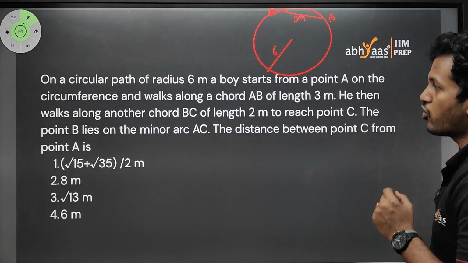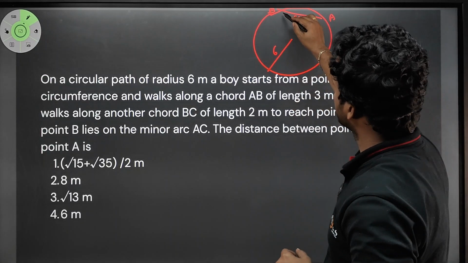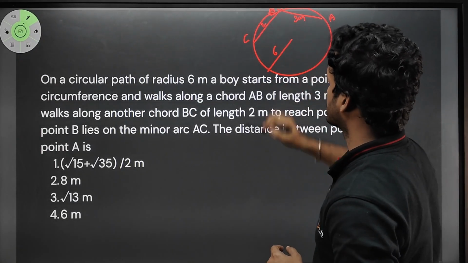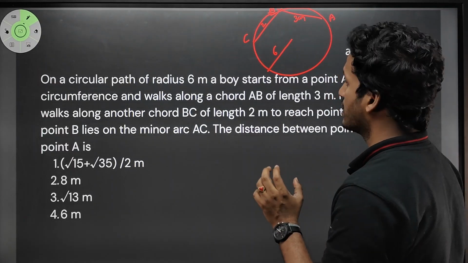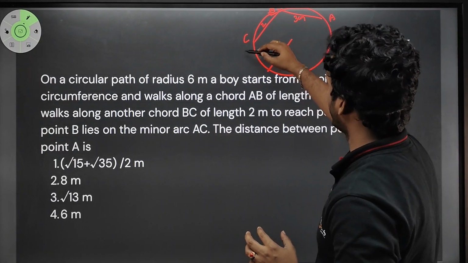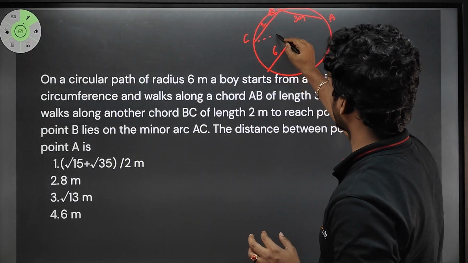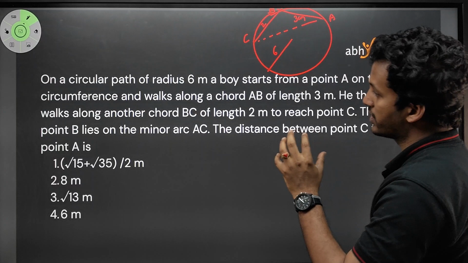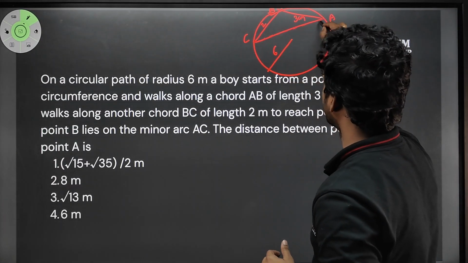He then walks along another chord BC of length 2 meters to reach point C. The point B lies on the minor arc AC. So minor arc is this. This is called the minor arc of AC. The distance between point C and point A is. So they want to know this distance.